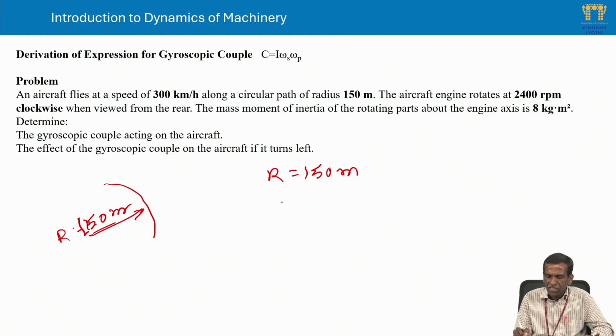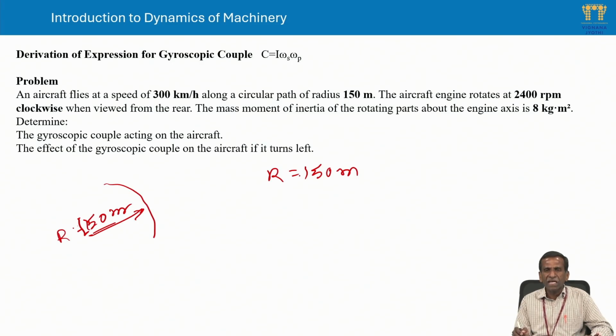Then what is the velocity it is moving? Speed of the aircraft is 300 km per hour, given. We know how to convert into meter per second: 1000 by 3600, that is 5 by 18.